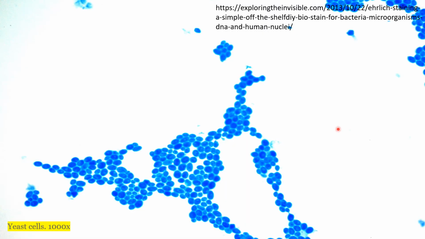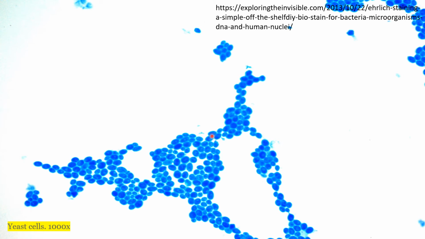Another thing, this is 1000x, remember? This is quite big, and these are actually not bacteria, but yeast. It also uses methylene blue to stain the yeast. Methylene blue is a basic dye.